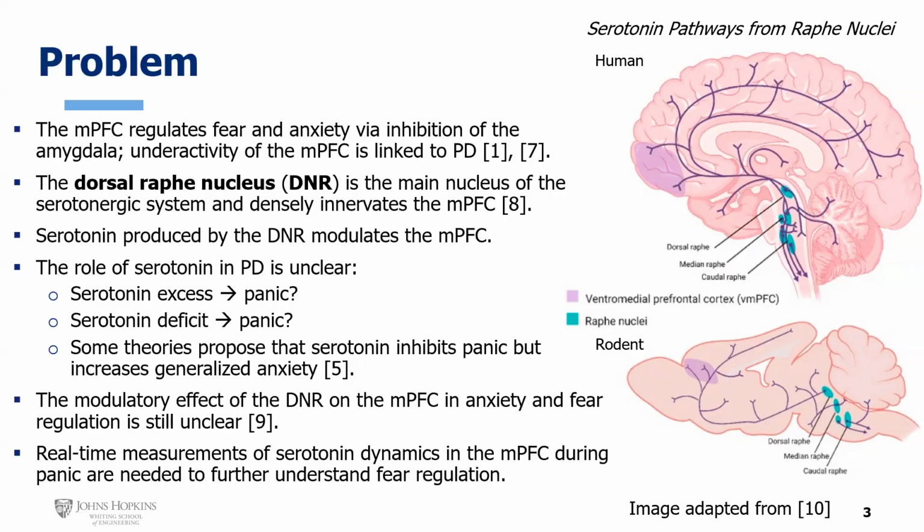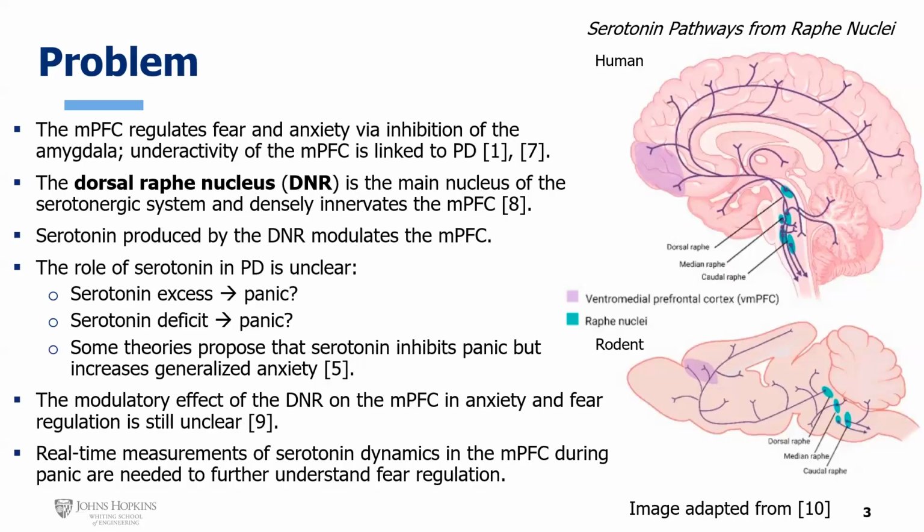The dorsal raphe nucleus is the main nucleus of the serotonergic system, and it densely innervates the medial prefrontal cortex. So it's known that serotonin produced by the dorsal raphe nucleus modulates the medial prefrontal cortex in some kind of manner, but all the mechanisms aren't completely understood.